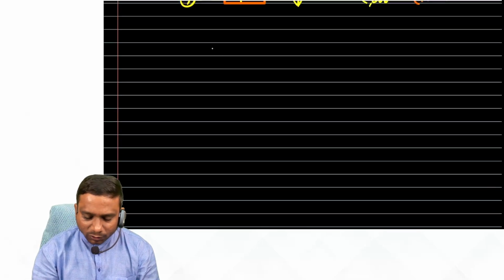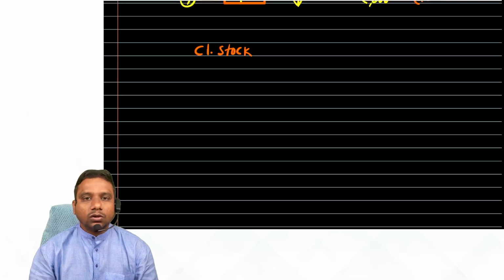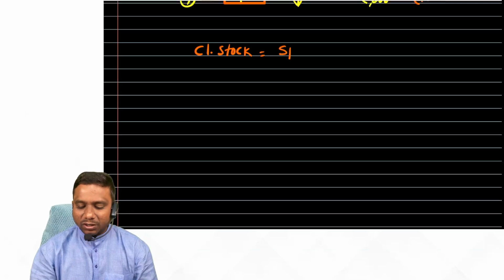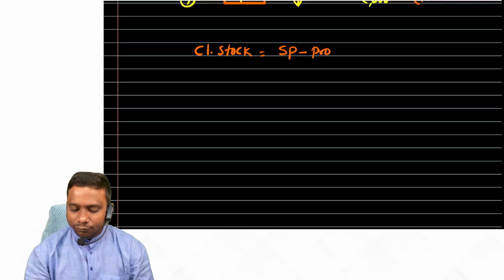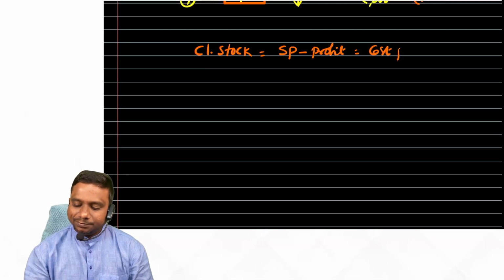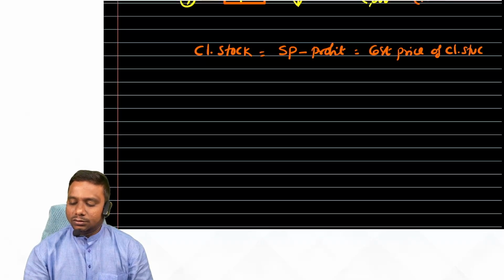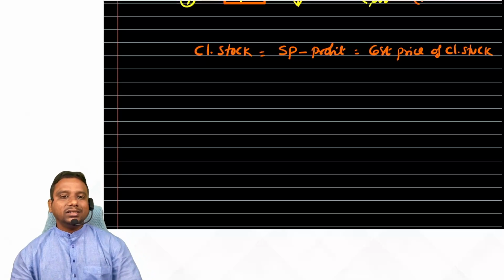Look at the first one: closing stock. Closing stock we have at selling price. From the selling price, if you deduct profit, then you get the cost price of closing stock. This is the idea behind the adjusted selling price.